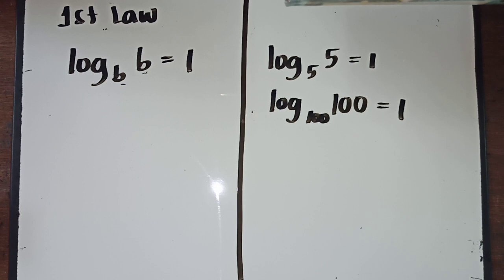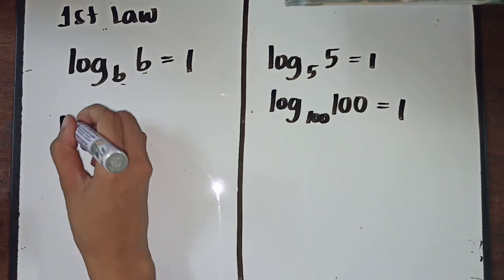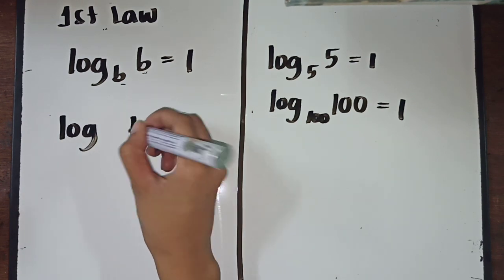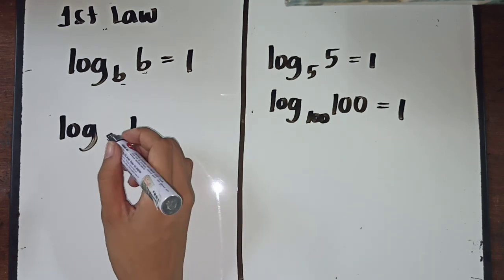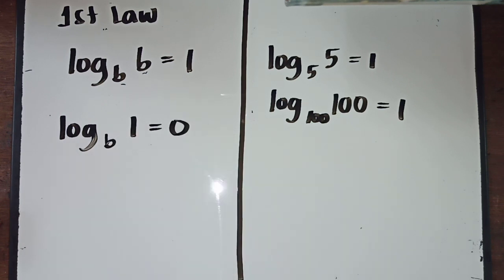Okay? So, next is if we have this logarithm of 1 to the base b, that is equal to 0. Again, the second one is logarithm of 1 to the base b is equal to 0.